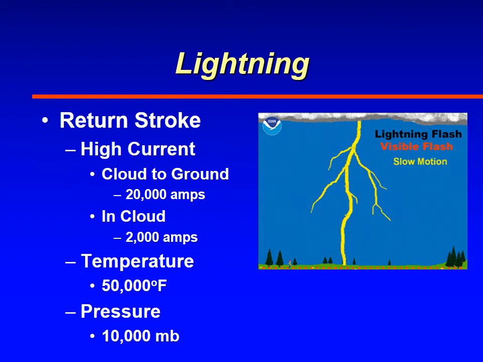But still, it's less than what a cloud-to-ground lightning strike would be. Of course, as the current flows, the air heats up to a temperature of 50,000 degrees Fahrenheit. That rapid rise in temperature causes a pressure wave of about 10,000 millibars, and that's what we hear, that wave moving away from the lightning, what we hear as thunder.